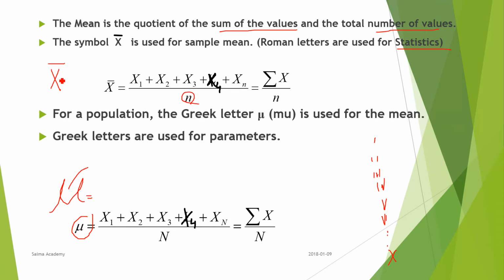So for statistics, you can use the Roman letter. But for the population or parameter, in parameter, we use all the data values from the population. Then this is the Greek letter mu. For parameter, you have to use the Greek letter mu. For statistics, Roman letter x. For a population, the Greek letter mu is used for the mean. Greek letters are used for the parameter, right?